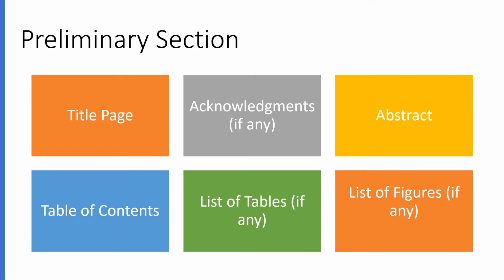That has already been explained to you. Then you give a table of contents, list of tables, list of figures, if there are any. You have already been taught how we basically go about formulating a table of contents, an abstract, a list of tables, list of figures, etc.